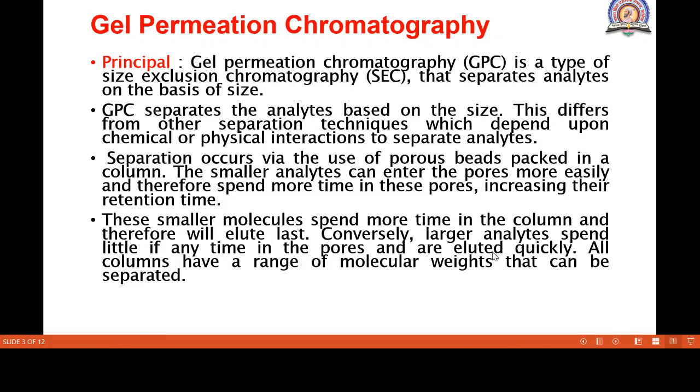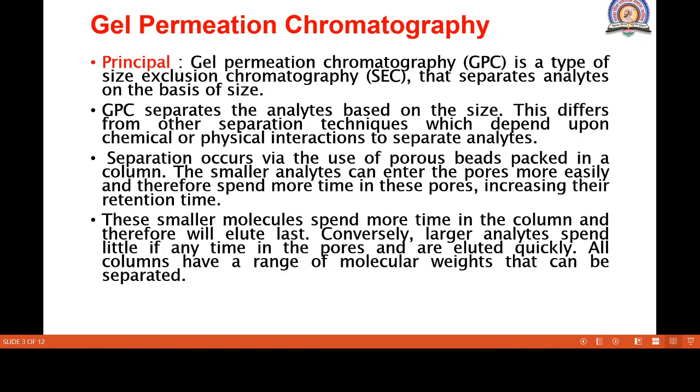Less time. Okay. All the columns have a range of molecular weight that can be separated. So, student, in short you have to remember that this GPC technique is also called size exclusion chromatography. This is totally based on the separation of an analyte on the basis of their size.